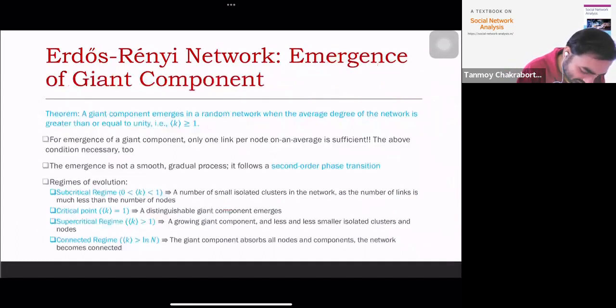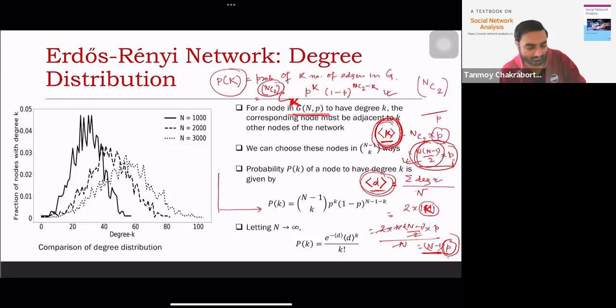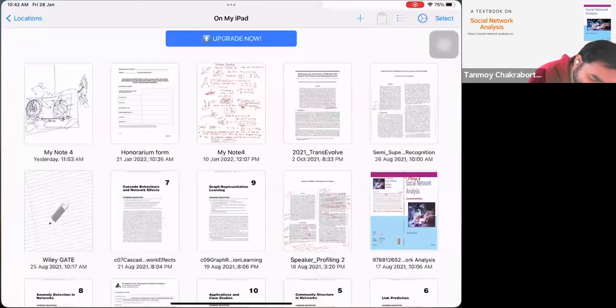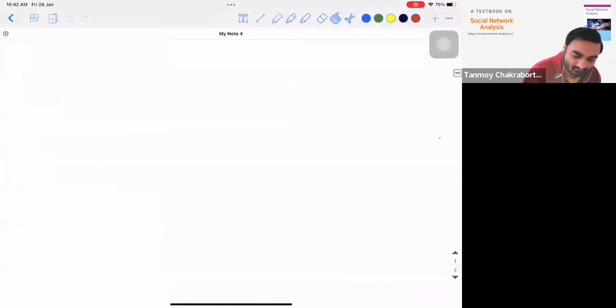Now we have learned this. Let me open a board.